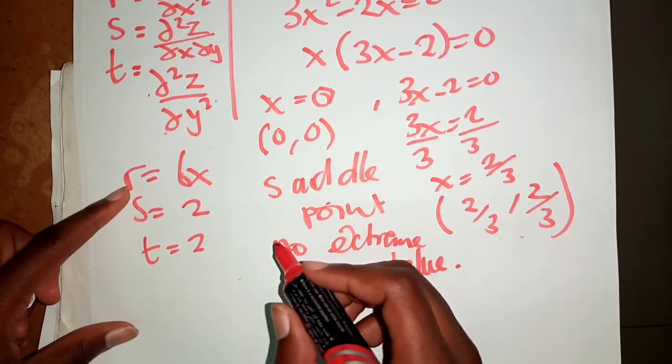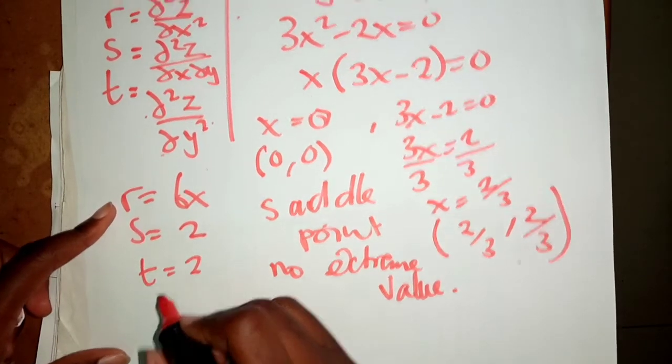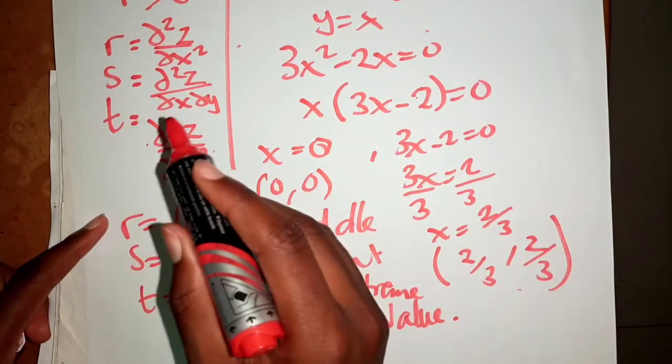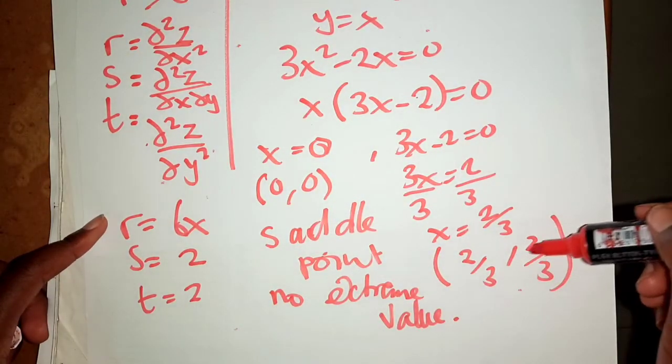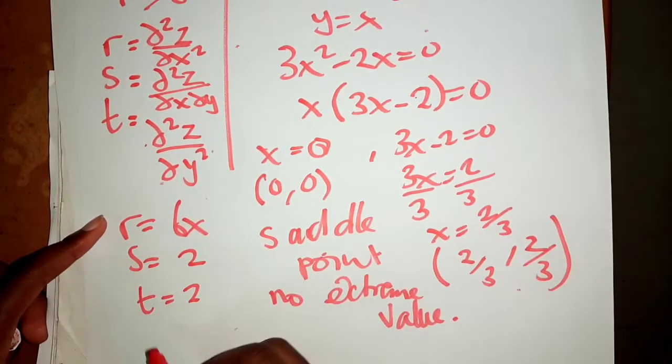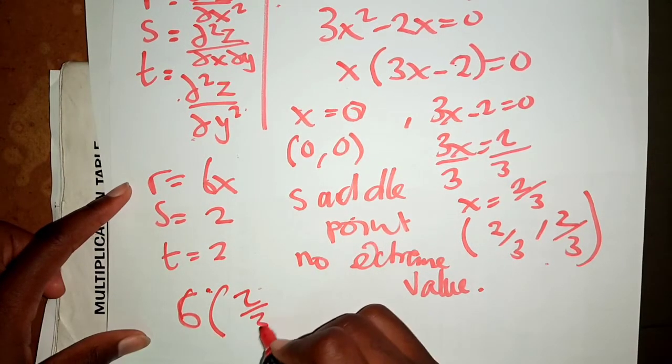Yeah. So then we are going to check out this one. So I'm going to say r is definitely greater than 0. When you put your x there, r is greater than 0, because you're going to have 6 times 2 over 3.